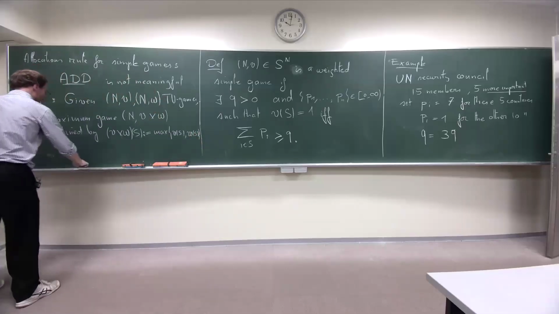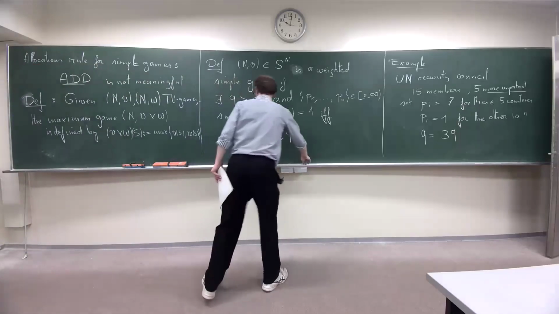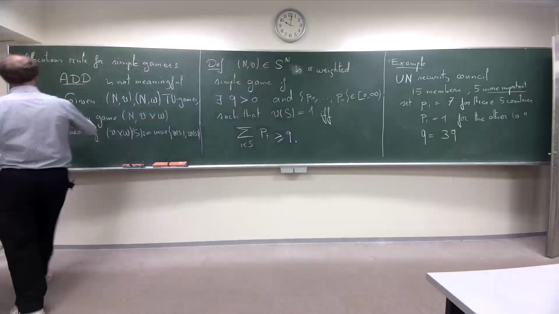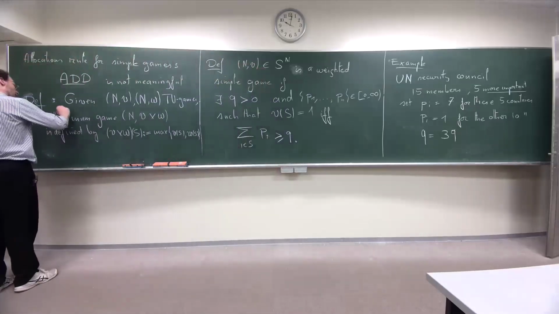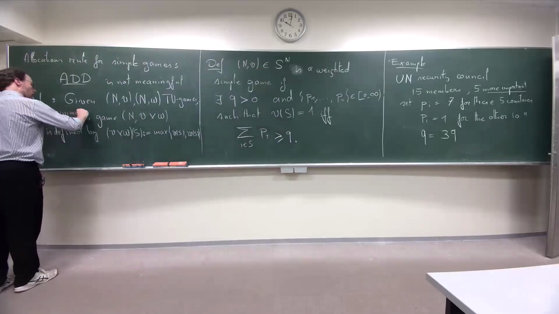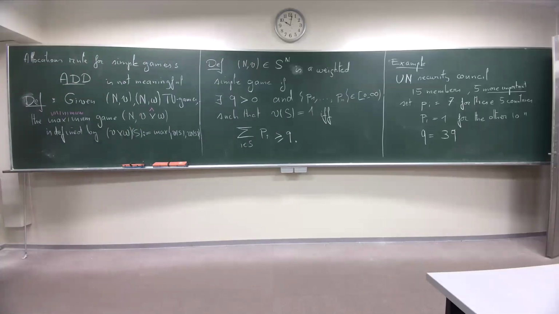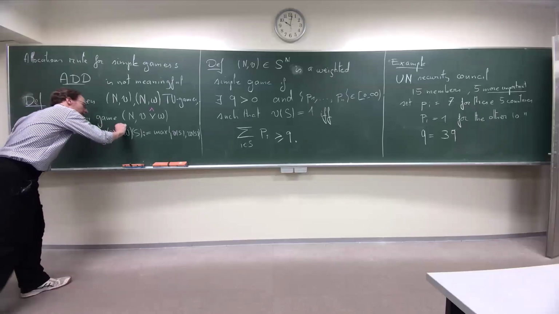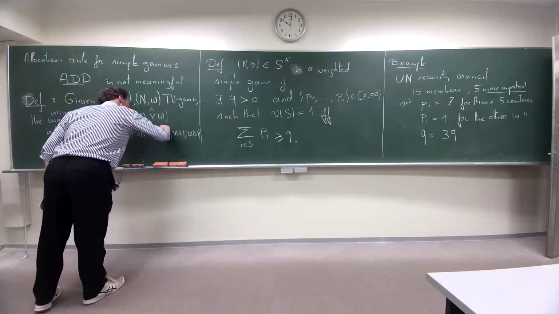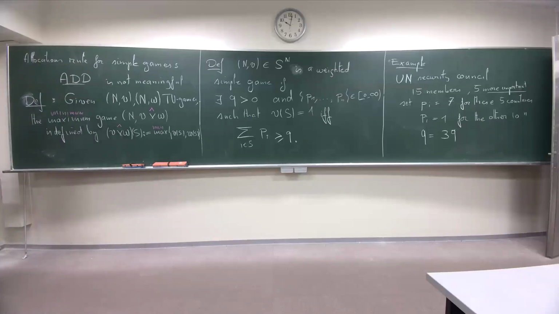And I can also define the minimum game, which is this time v∧w. It's a different notation, with this as a minimum. Okay. You can do it for any two TU games.